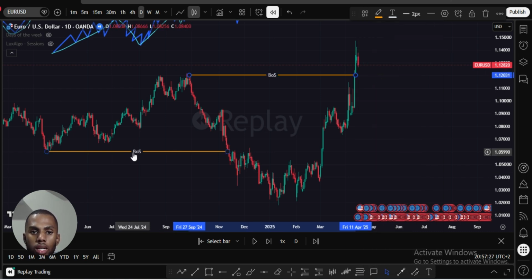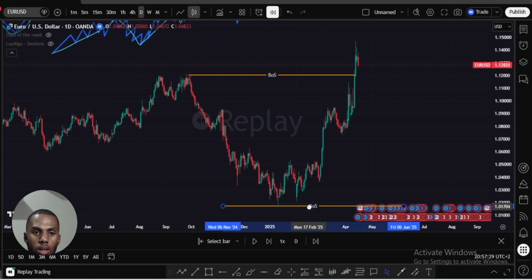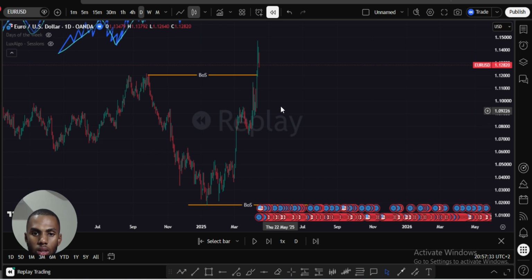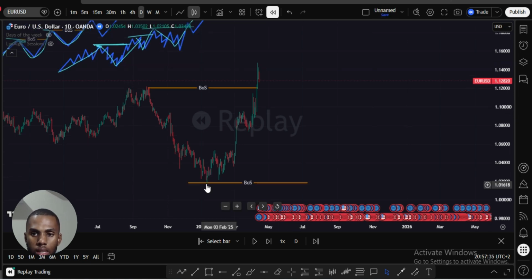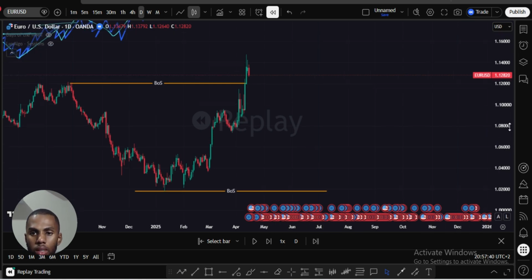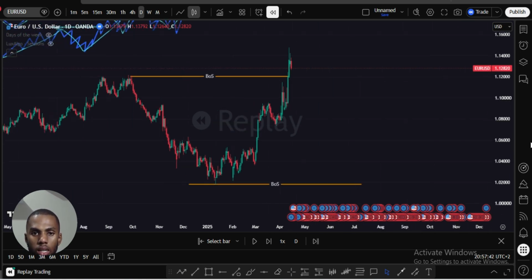Now we take this and drag it below here. So if the market again comes down and breaks and closes below this low, that will be our next break of structure. So currently we have a bullish break of structure.